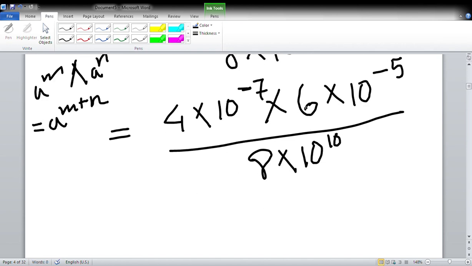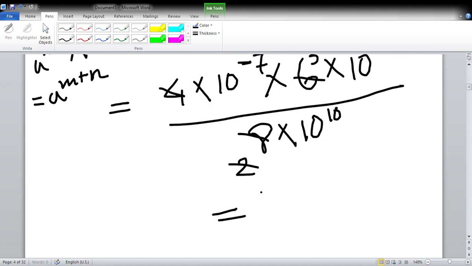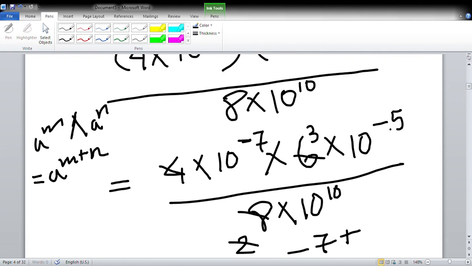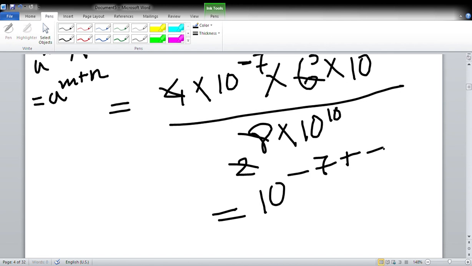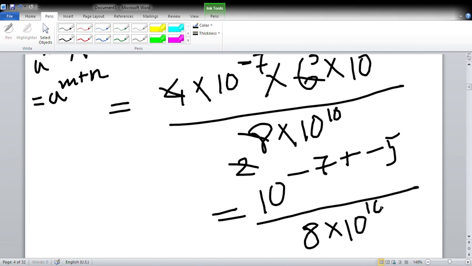So simple thing is happening here. 4 into 6, 24, divided by 8, 3. And 10 to the power minus 7 plus 10 to the power minus 5, divided by 8 multiplied by 10 to the power 10.